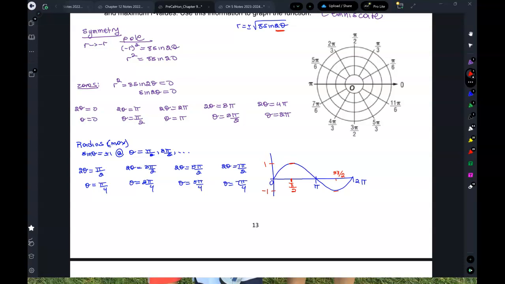When I have pi over 4 and I plug it in here, what do I get? 8 sine pi over 2, right? Which is a 1, right? It's a positive number. Okay, when I plug 3 pi over 4 in here, I get 8 sine of 3 pi over 2. What's sine at 3 pi over 2? It's a negative number, so it's undefined here.